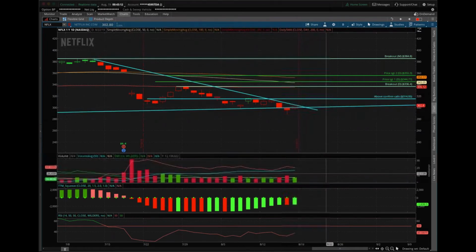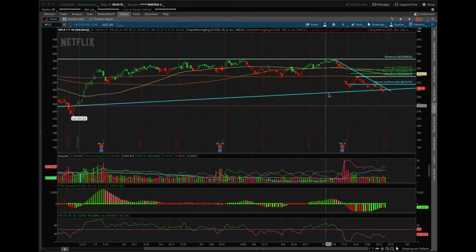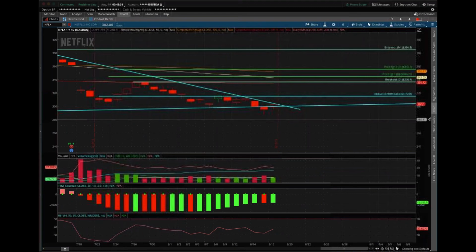If it does break down, then we'll be looking at 270 area, and then 256, 255 area. But looking at what it's doing, it looks like it's going to hold, and it's going to try to break this and then pop to the upside.